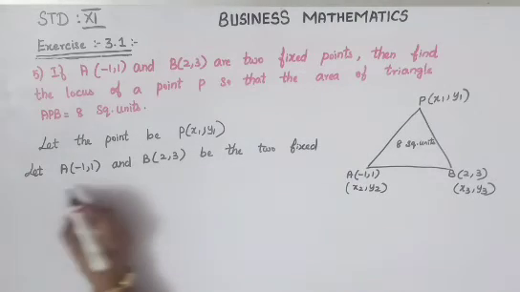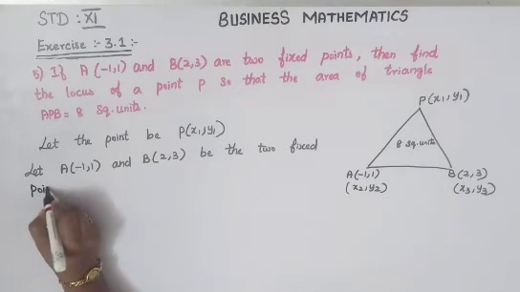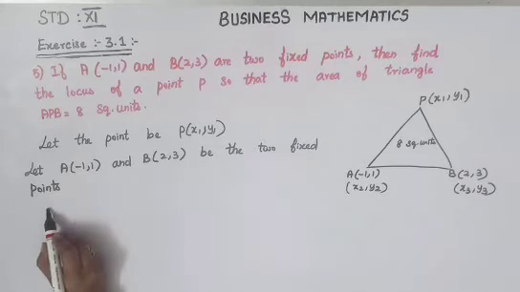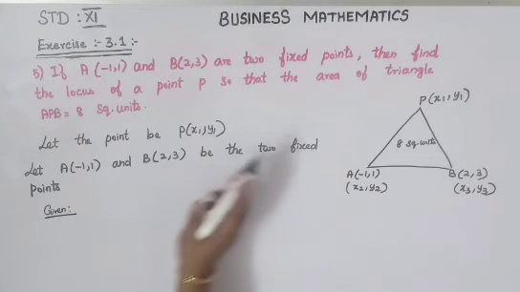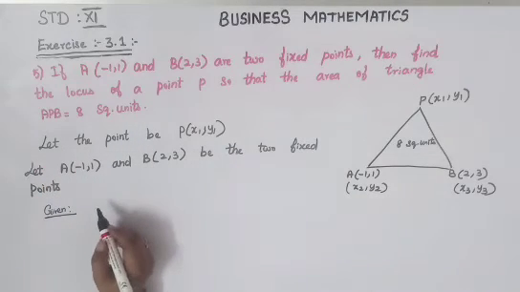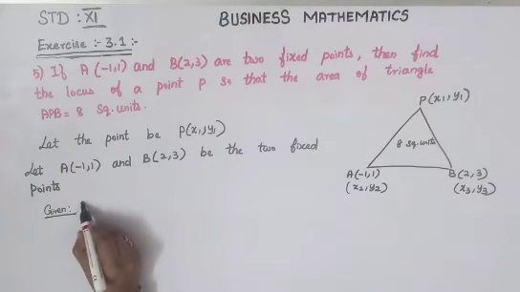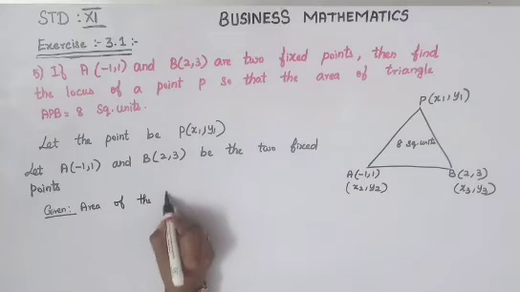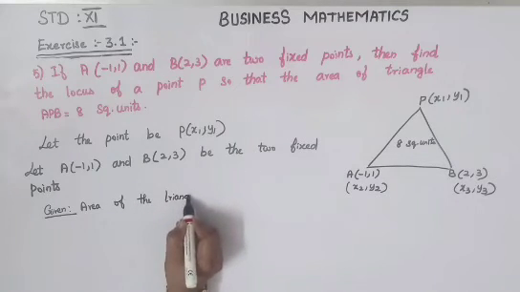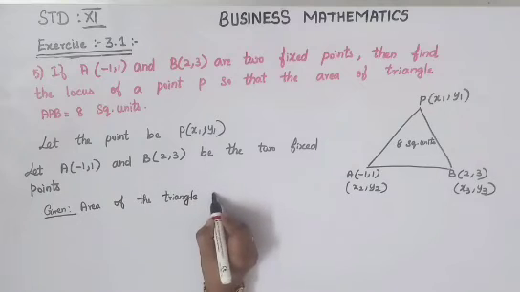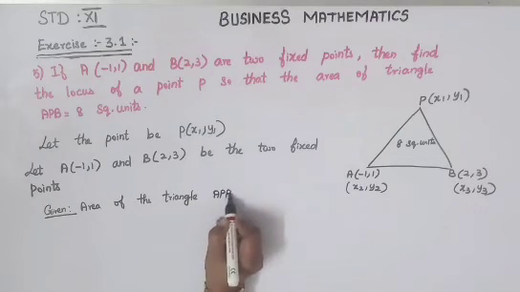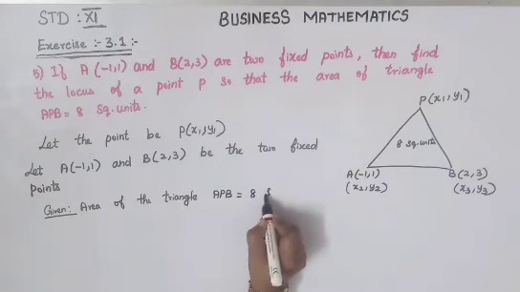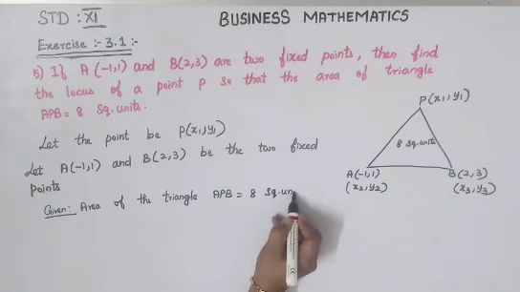So we'll just declare them as fixed points. Okay. Given area of triangle APB is equal to 8 square units.